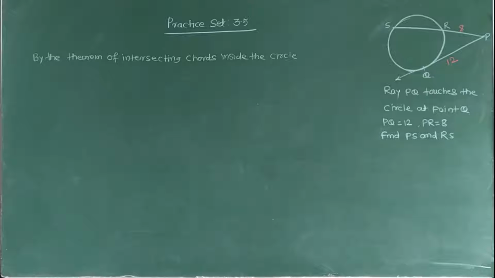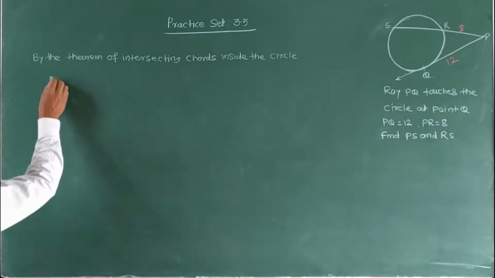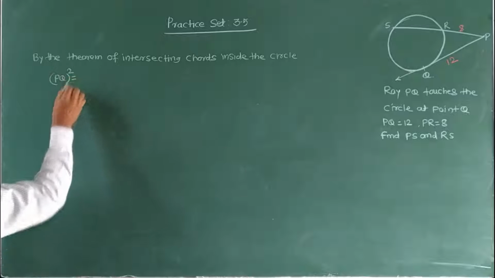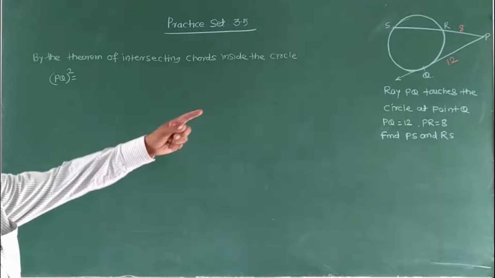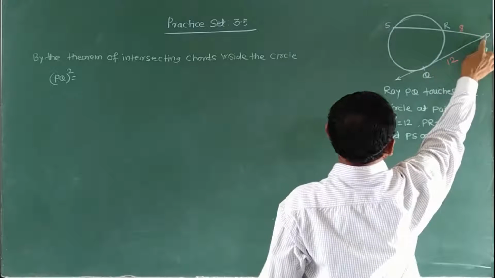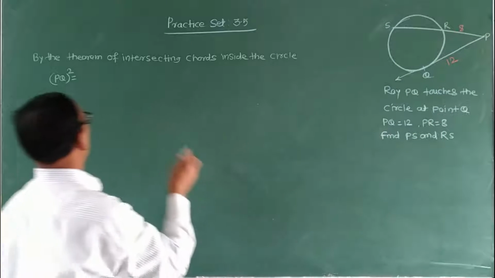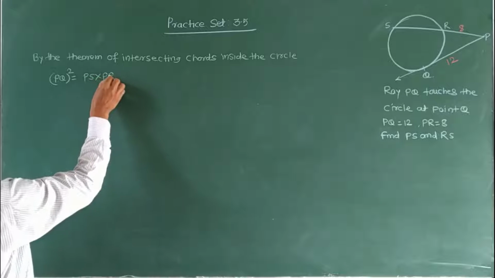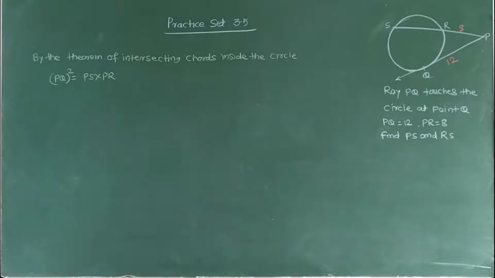Here we can write PQ square is equal to PS into PR. Now put the given values.